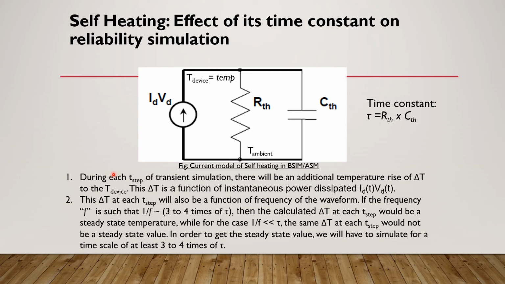It is especially important for BSIM models or any other compact model in which you have a thermal network implemented, which is basically a power source of I times V driving a thermal resistance RTH and a thermal capacitance CTH in parallel, wherein one node temperature is T device and the other temperature node is T ambient. This is the thermal self-heating model, which is common to both BSIM and ASM compact models.